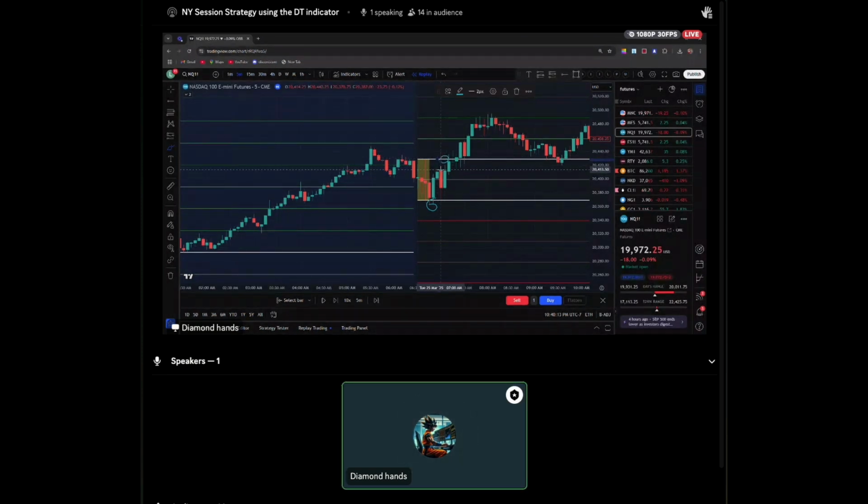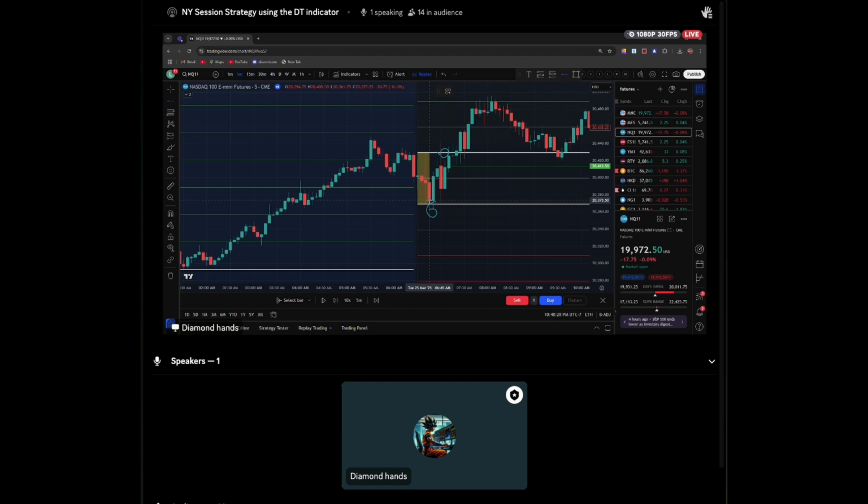The closing candle is right here. This is your closing candle right there. If you're gonna wait for the candles to close, then it did not close above. If you're looking for a close for the downside on the 15-minute, this is your close for this candle right here, and this is your close over here for that green candle.